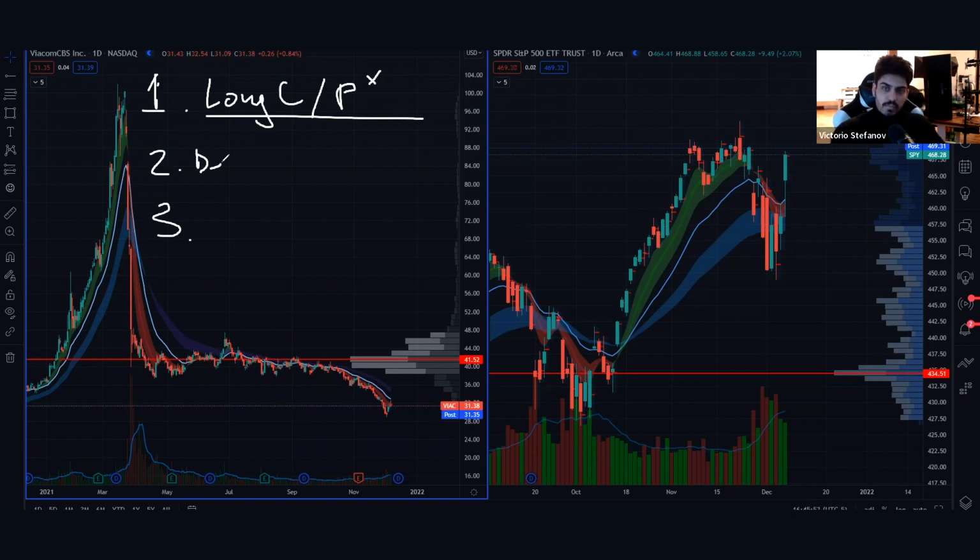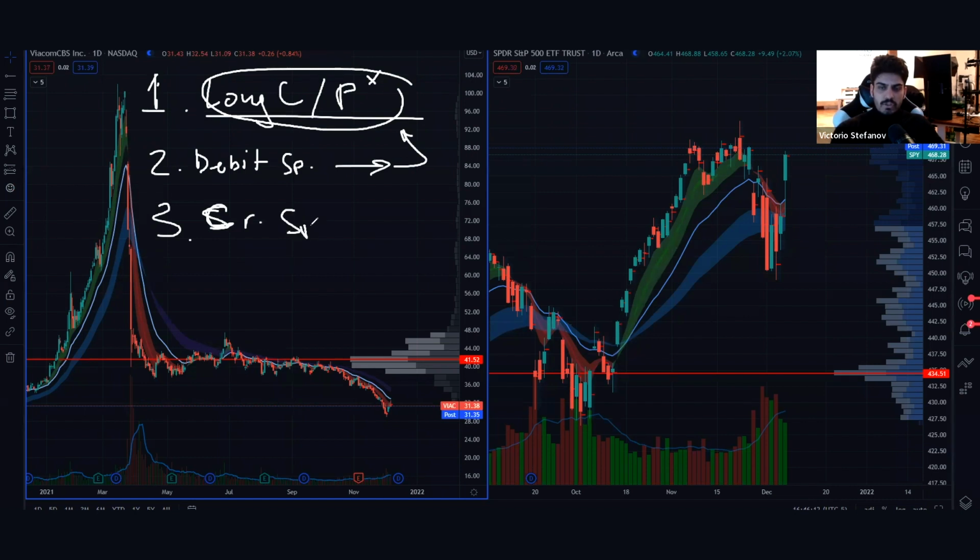Then you have the debit spread, which again is more directional. You are looking for a direction, but you're capping your gains and the premium that you pay because you're not that certain of a direction like you are with the long calls and long puts. Finally, the credit spread. This is going to be the non-directional move where you're looking for price just to not enter a certain area, whether it's upside or downside.